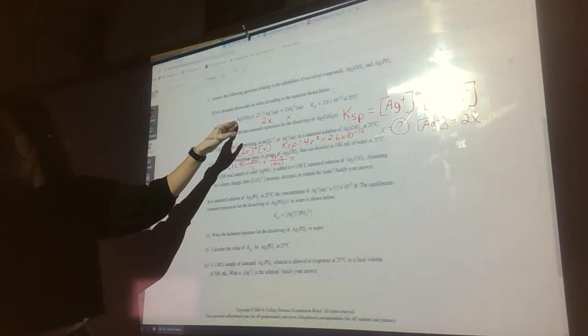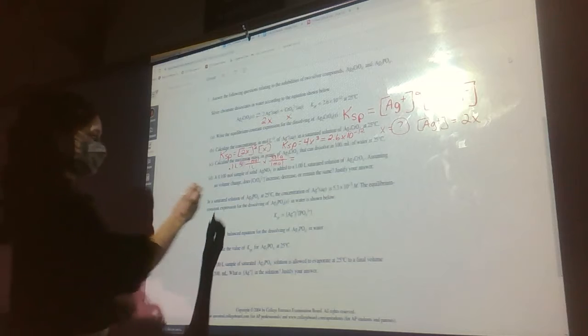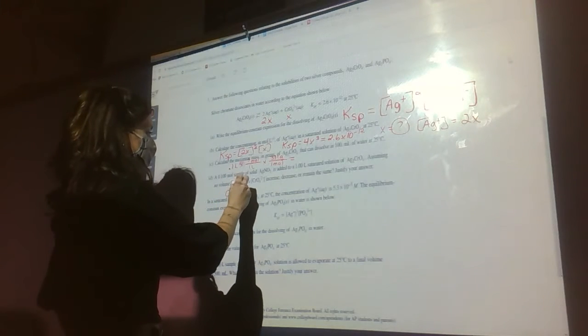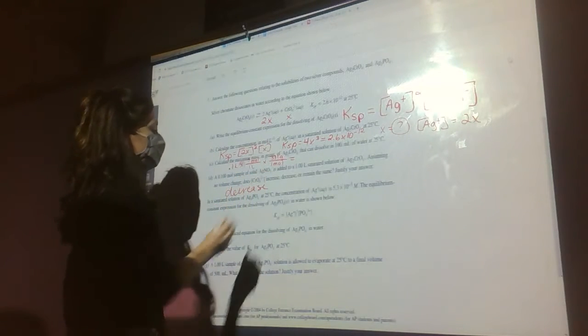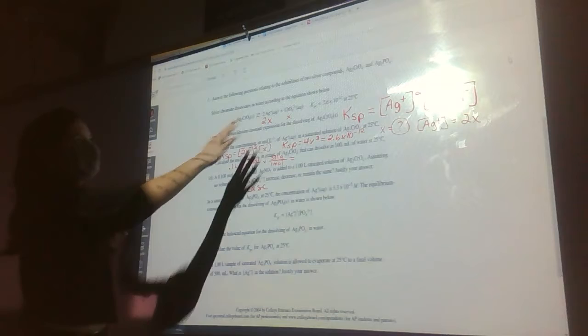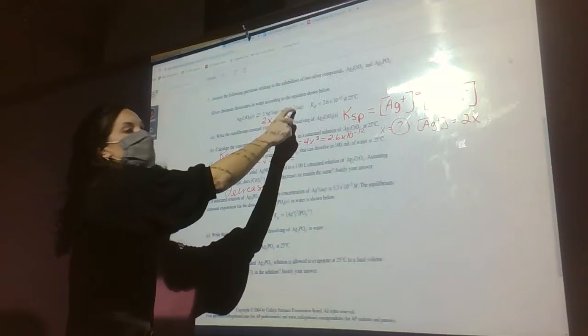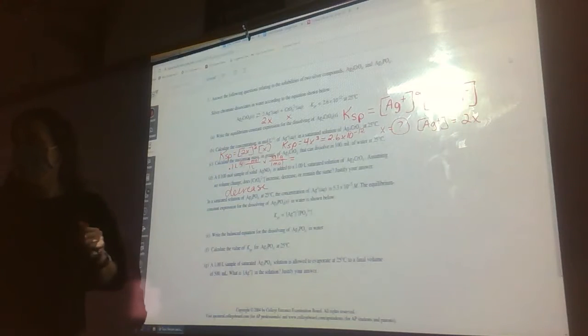K, Q, all that stuff. If it shifts to the left, my chromate will decrease. That's that Le Chatelier's principle thing. You put some of this in, it's going to shift this way. If it shifts this way, I have less of this. Yes?